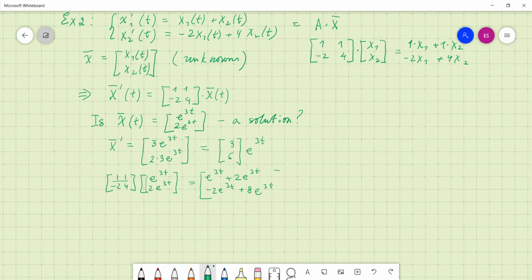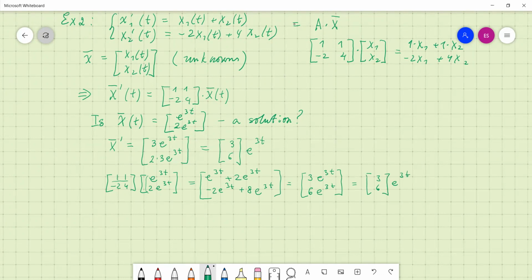And that's my result. Right now, I'm going to modify it a little bit by adding the numbers. I have 3e to the power of 3t. And here I have 8 minus 2, which is going to produce 6e to the power of 3t, right? Here I can just compare these two numbers, or I can take e to the power of 3t outside, and I have 3 and 6 times e to the power of 3t.